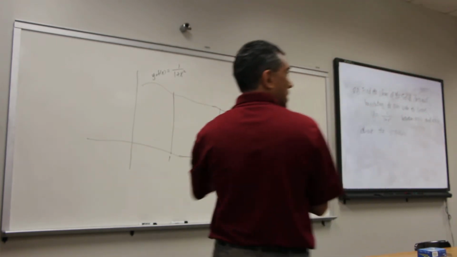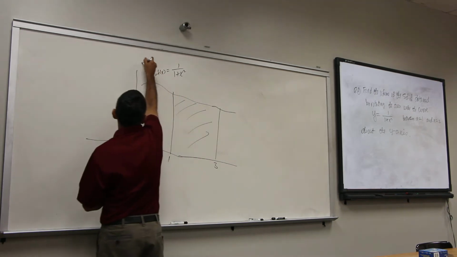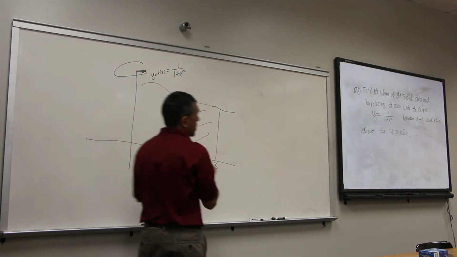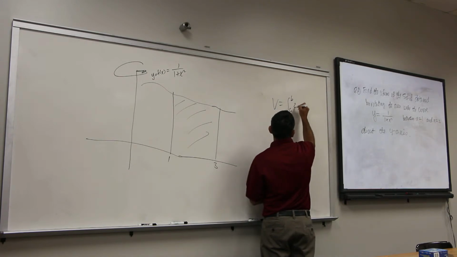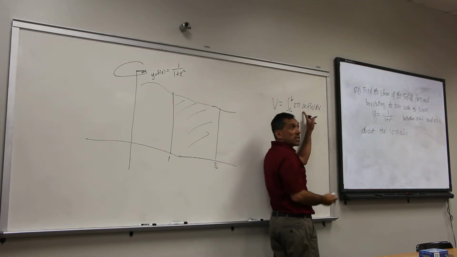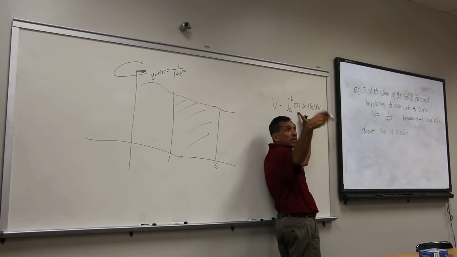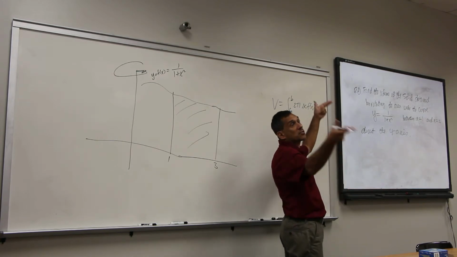We're going to take this thing here and rotate it. Oh, by the way, you can see that this is a strange integral. It's got nothing to do with the radius squared, which is what you did when you rotated the other way. You had pi f of x squared.